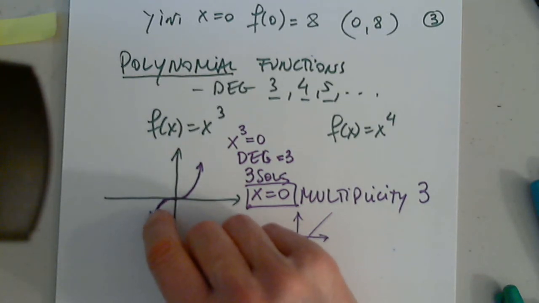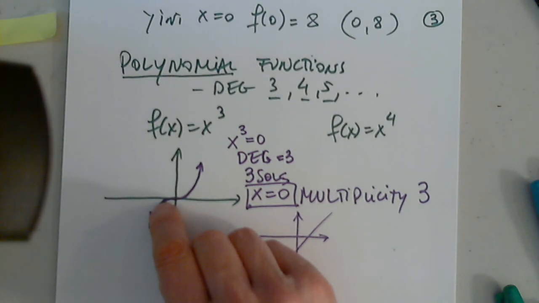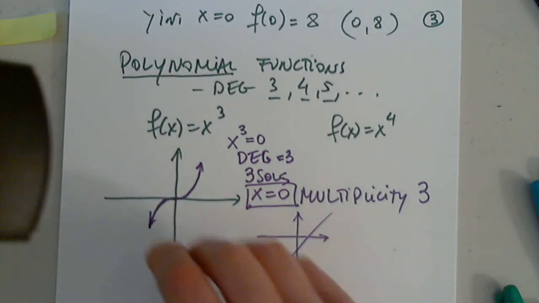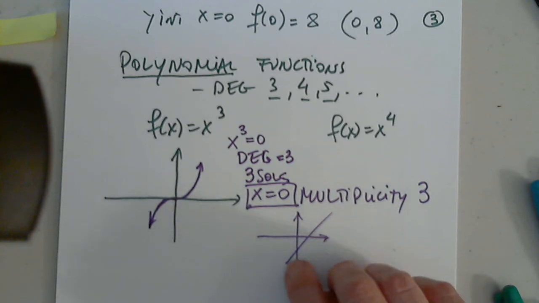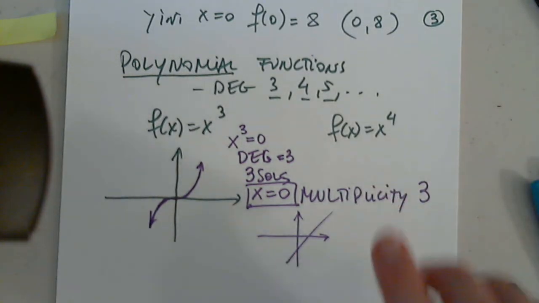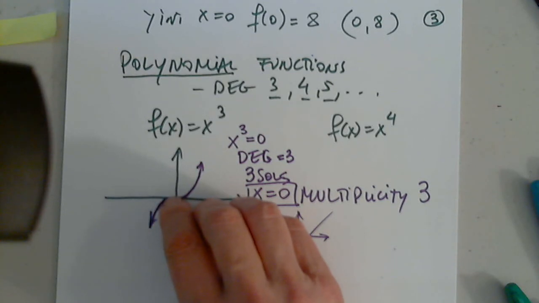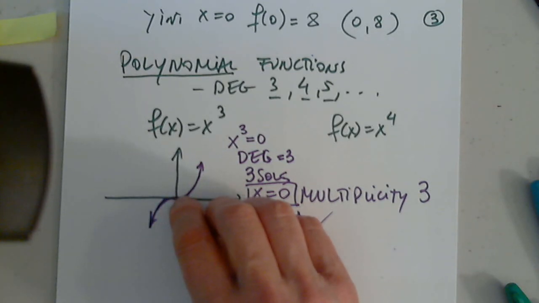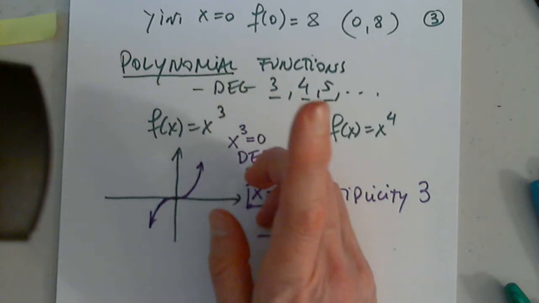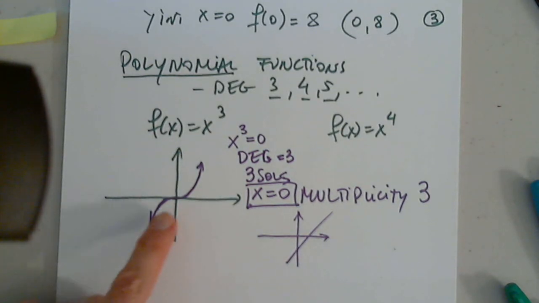It gets to it much slower than when it's one solution. Slow, slow, cross, slow, slow, going up. So that's what happens when a solution appears 3 times.